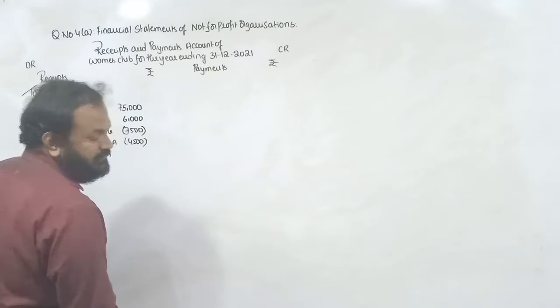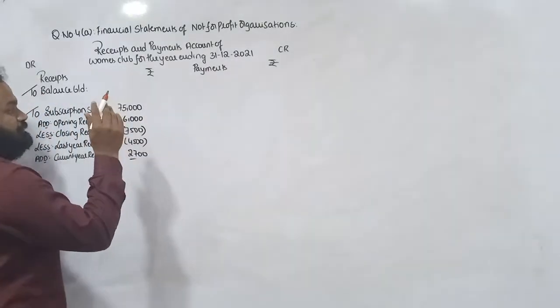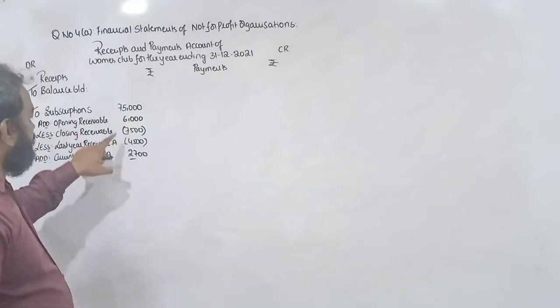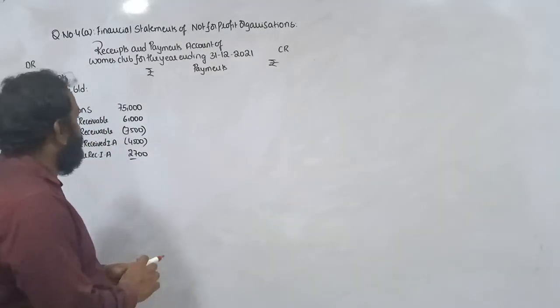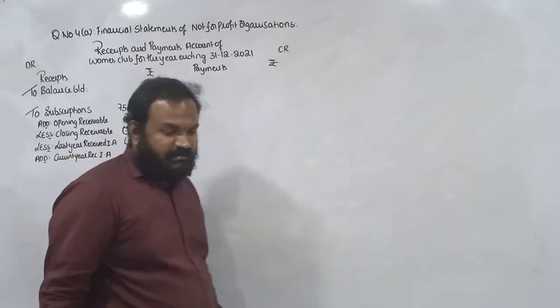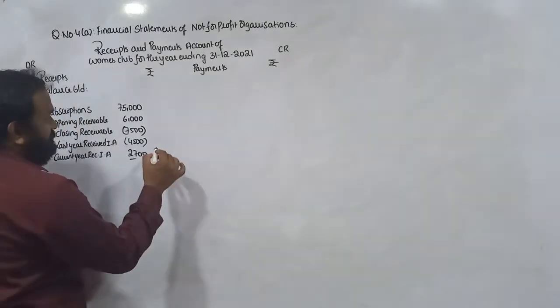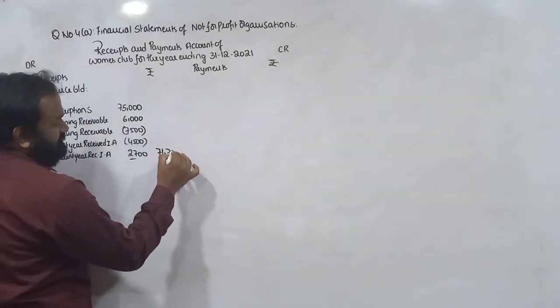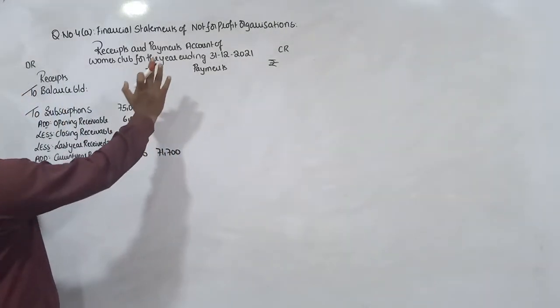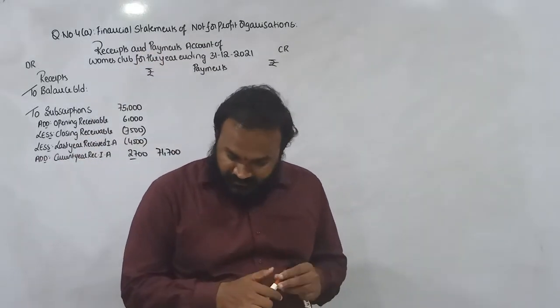How much? 2,700. So 75, 81, 83,700 minus 12,000. 83,700 minus 12,000. It's 71,700 is the amount of subscriptions received for the year ending 31st December 2021.